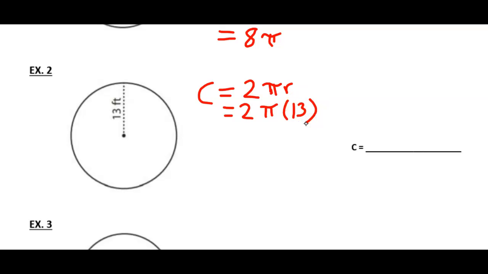Once again, it doesn't tell me to give a decimal answer, so I'm going to assume terms of pi. So 2 times 13 is 26. And again, do not multiply the pi, write the pi. So 26 pi.